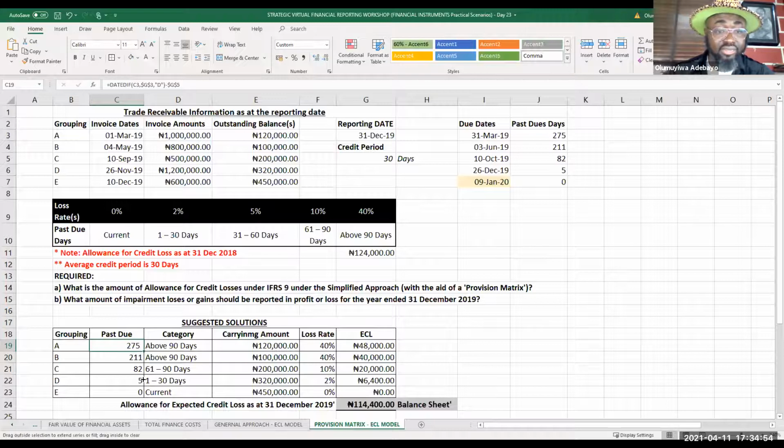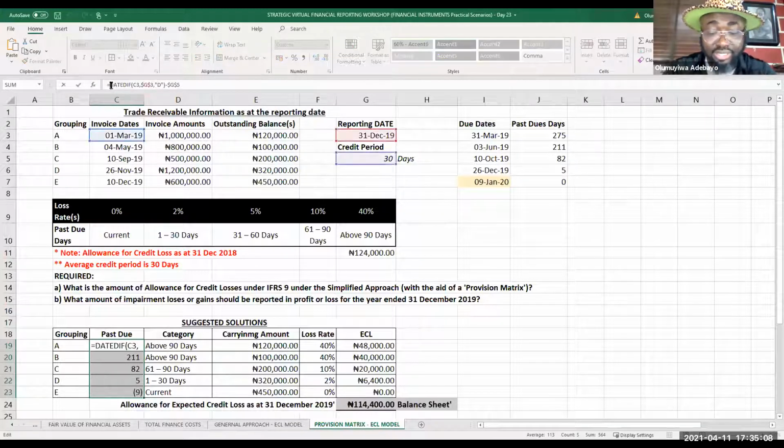And once I drag it down, it gives me the same thing. If I drag it down further, it will give me -9 because I've not limited it so that anything negative should be limited to 0. I'll now come here to say maximum of what I get or 0 if it's negative.